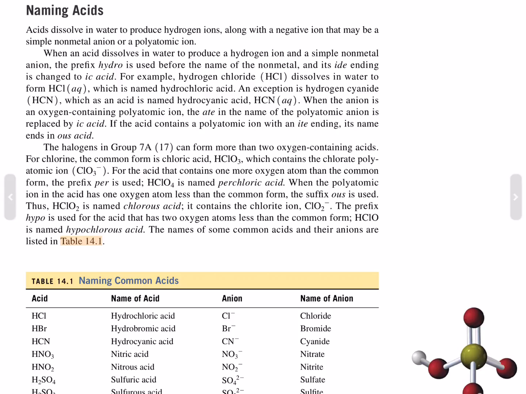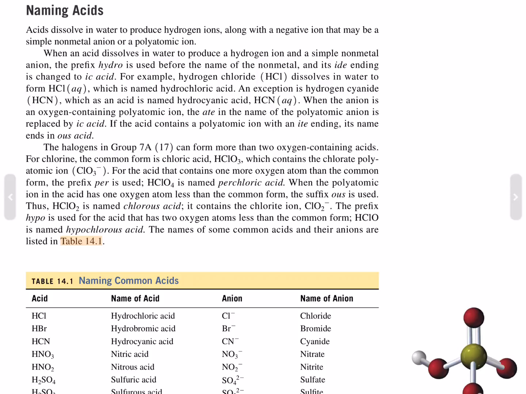For example, hydrogen chloride dissolves in water to form HCl aqueous, which is named hydrochloric acid. An exception is hydrogen cyanide, which is an acid named hydrocyanic acid. When the anion is an oxygen-containing polyatomic ion, the "ate" in the name of the polyatomic ion is replaced by "ic" acid. If the acid contains a polyatomic ion with an "ite" ending, its name is "ous" acid.